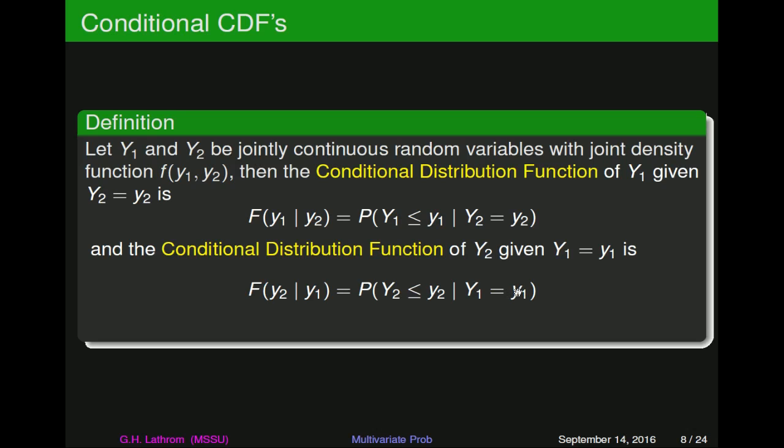Now, coming back to our surface ideas, what we're actually doing in each one of these cases is an integral. In the first case, for y sub 1 given y sub 2, we're doing an integral that is parallel to the y sub 1 axis. We're fixing a value of y sub 2, and then we are doing an integral from minus infinity up to y sub 1 for that particular slice that's parallel to the y sub 1 axis.